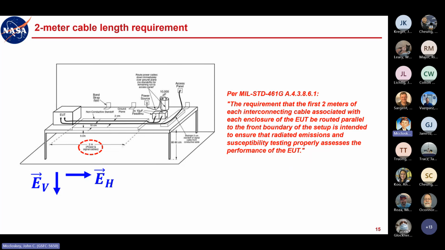The cable layout is a very important part of the general test setup, specifically for evaluating radiated emissions and susceptibility. So when you see that we want at least 2 meters of cabling routed along the front edge of the ground plane, it's specifically to facilitate radiated emissions and susceptibility testing to make sure that we're energizing the cables as much as the EUT itself.